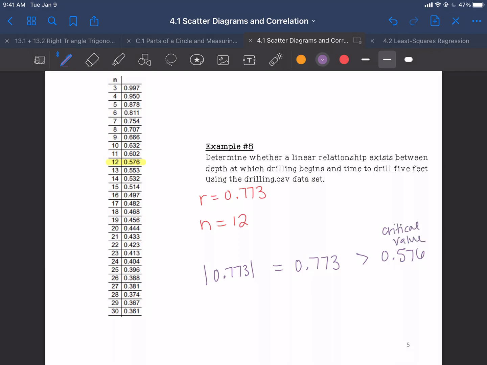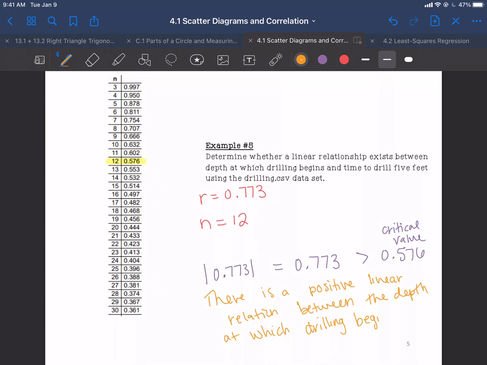Therefore, we can say there is a positive linear relation between, and we gotta be specific here, between the depth at which drilling begins and time to drill 5 feet.